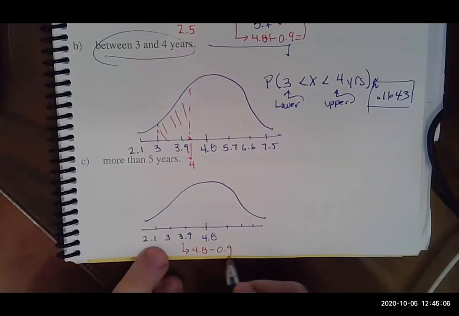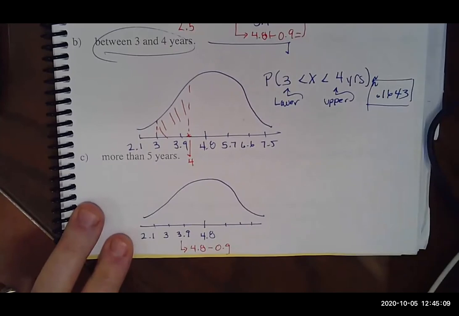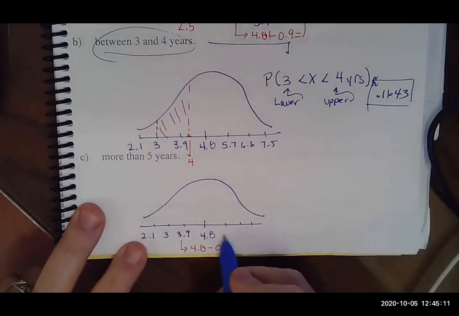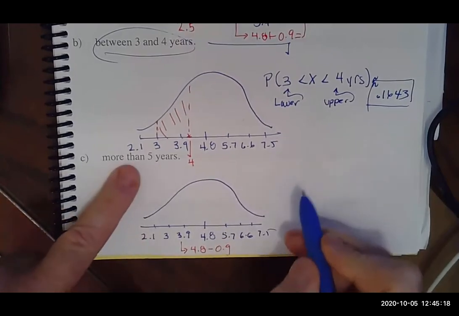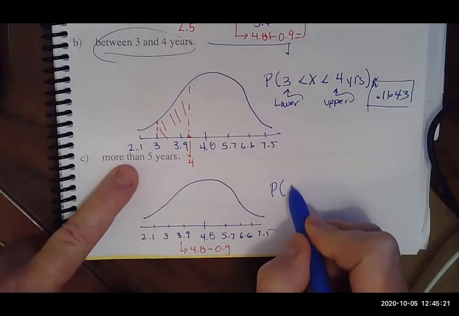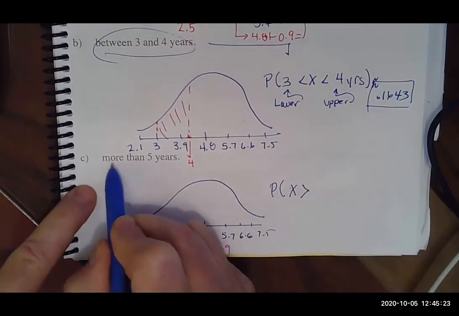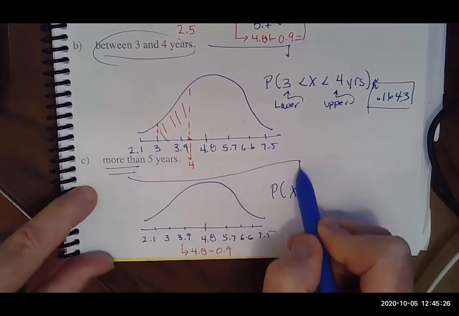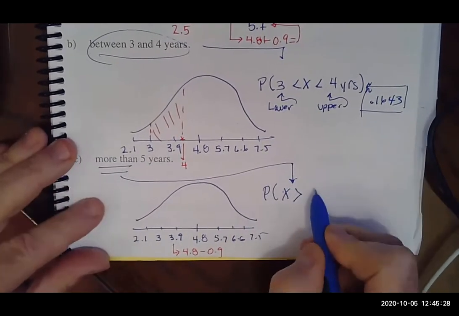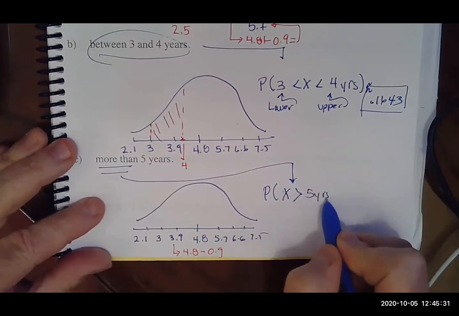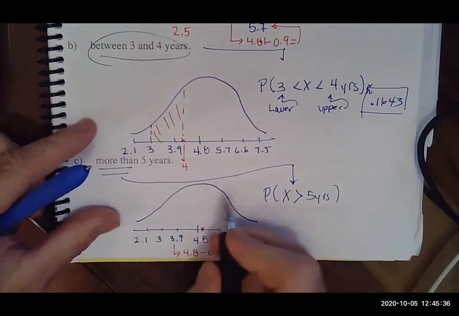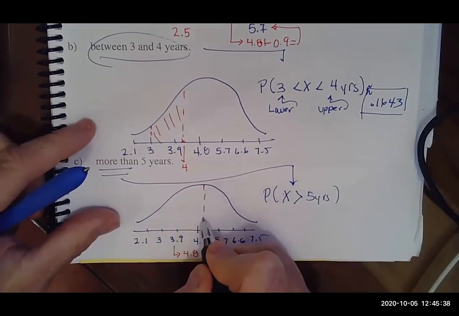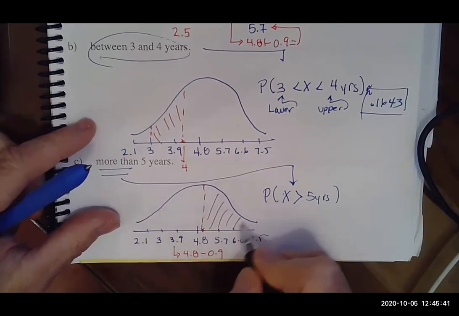So this would be 5.7, 6.6, 7.5. The probability that X is more than, no equal sign. So here's your 5, almost 50%.